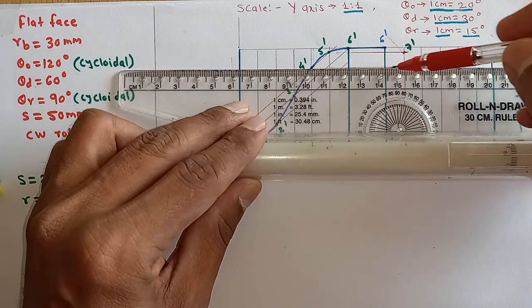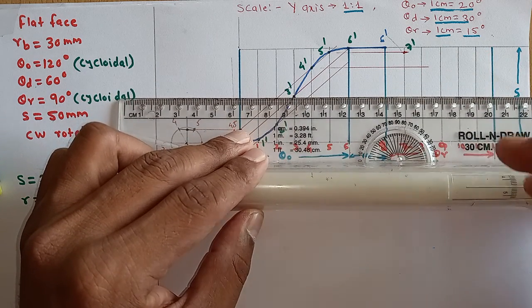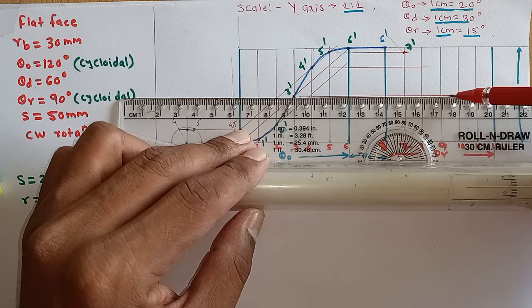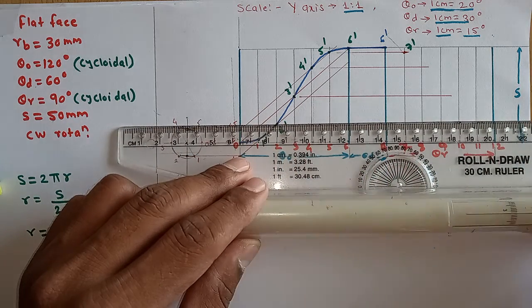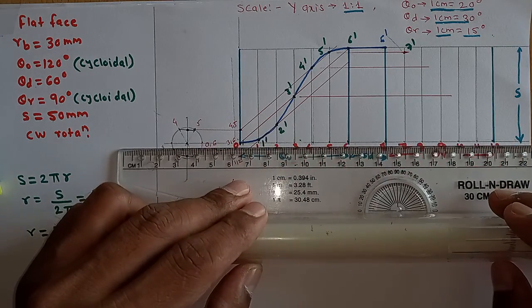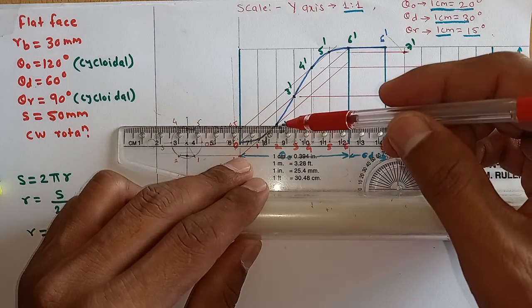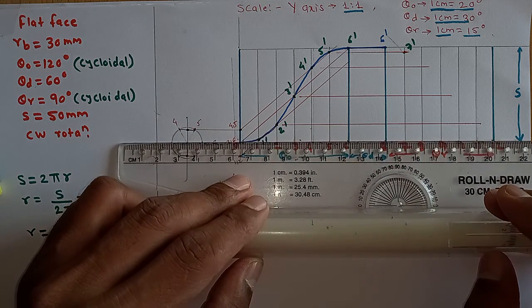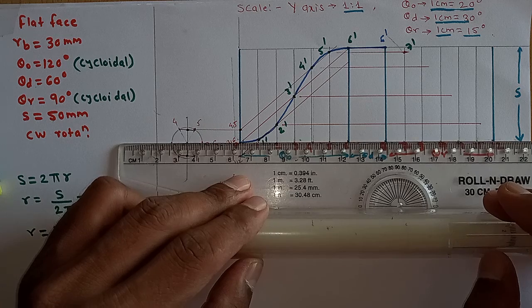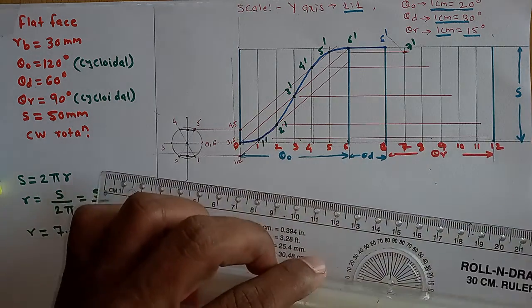This will intersect at 8 dash, 9 dash, and this will intersect the division line number 10, sorry, and this will intersect the division line number 11.